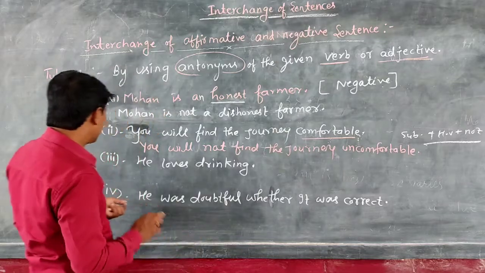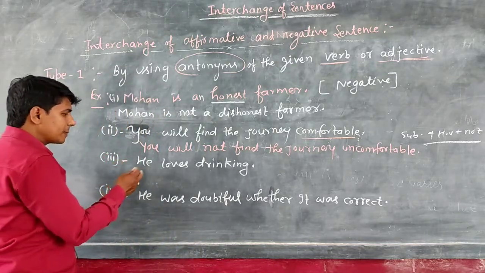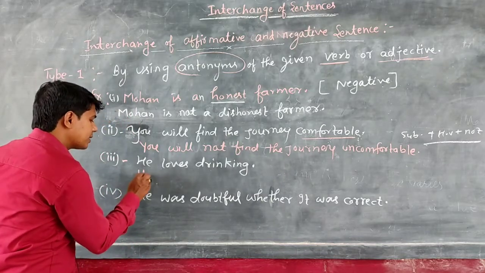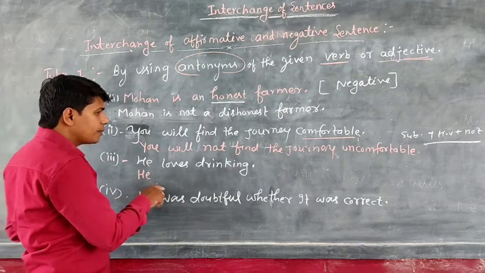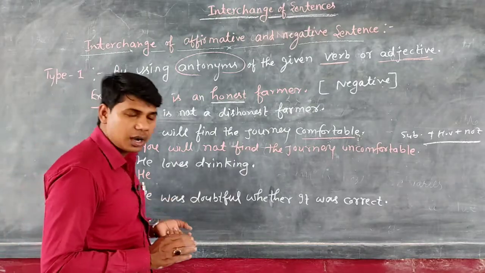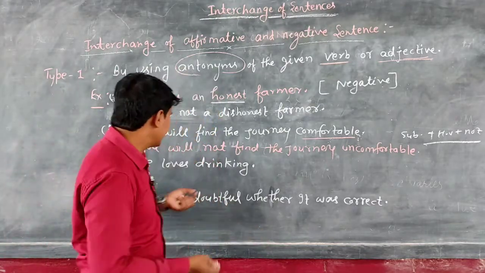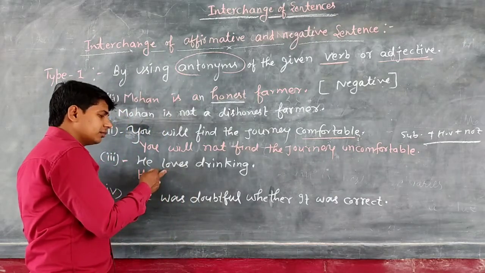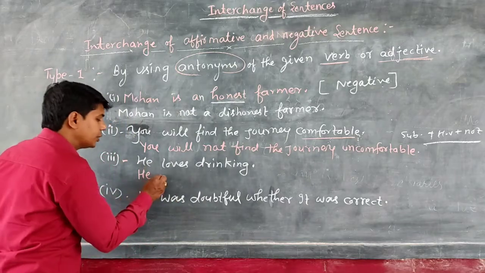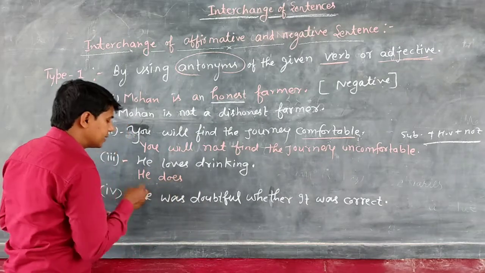Let's see one more example: He loves drinking. First you will mention the subject he, then you have to mention the helping verb, and for that you have to identify the tense. This is the simple present tense, and in simple present tense we use the helping verb does with a singular subject.